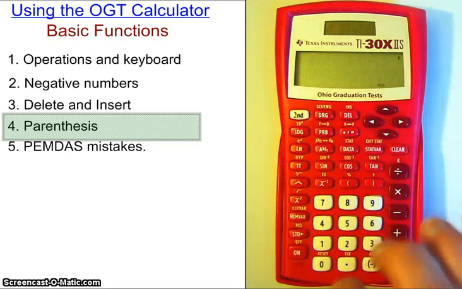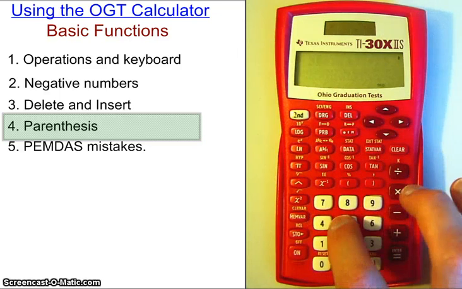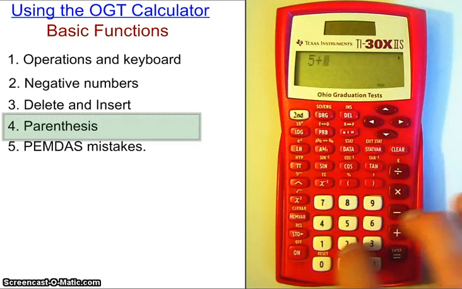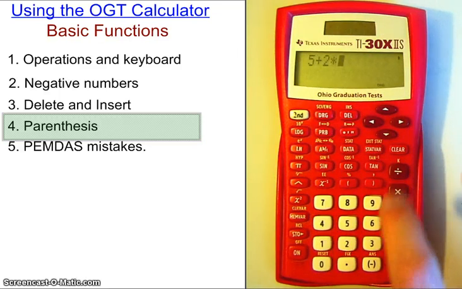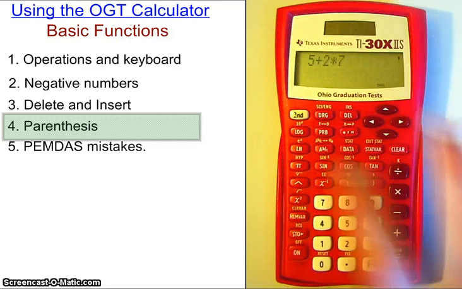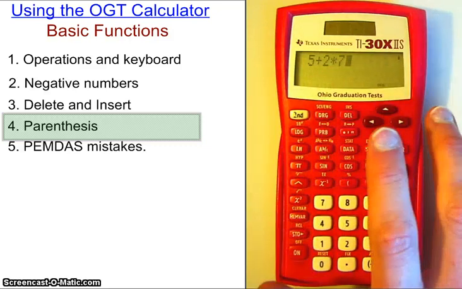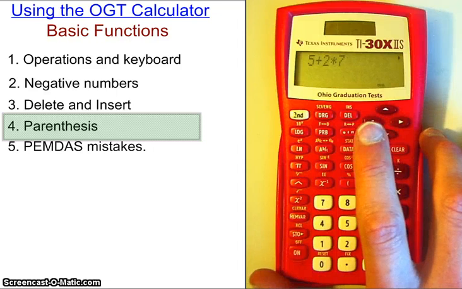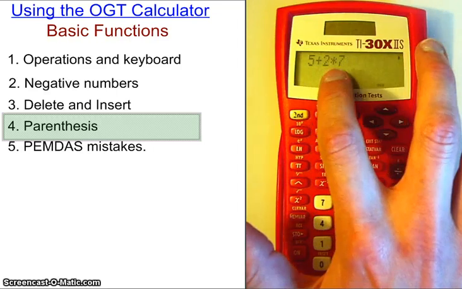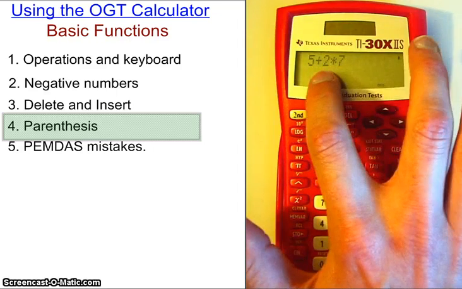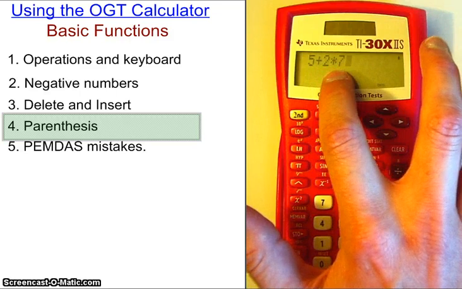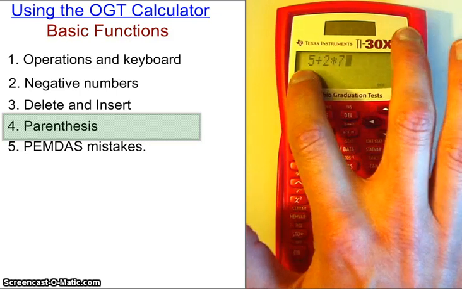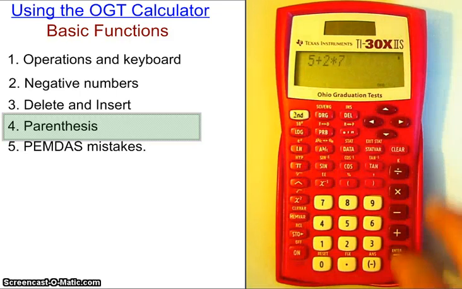What I see a lot of students do is they'll just type in 5 plus 2 times 7 and not use the parentheses. If you think of order of operations, the calculator follows the order of operations. So what it's going to try to do first is multiply the 2 and the 7, which gives 14, and then it's going to add the 5, giving 19.